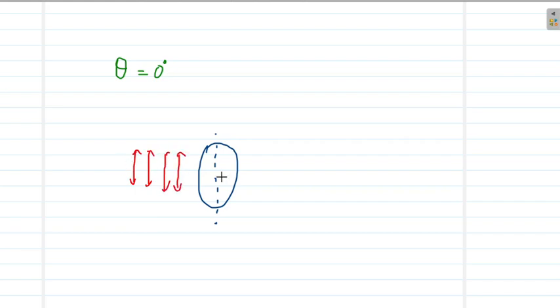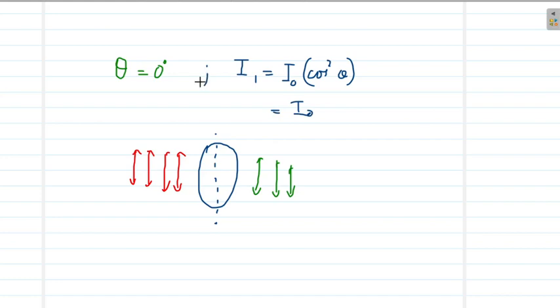So obviously all the electric field components should be able to pass through, right? So let us put the Malus law here. I1 equal to I0 cos square 0. Cos square 0 will be 1. So I1 is equal to I0 itself if theta is equal to 0 degree.